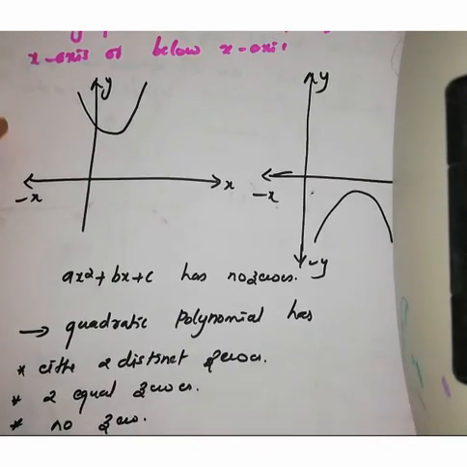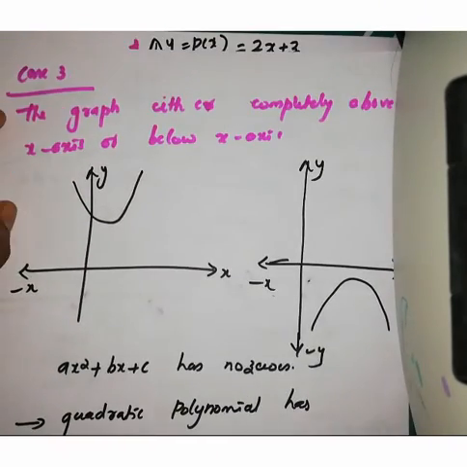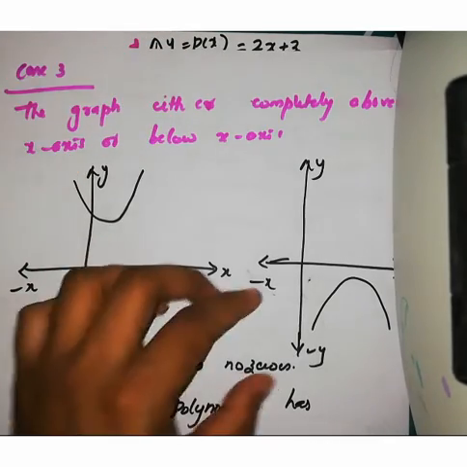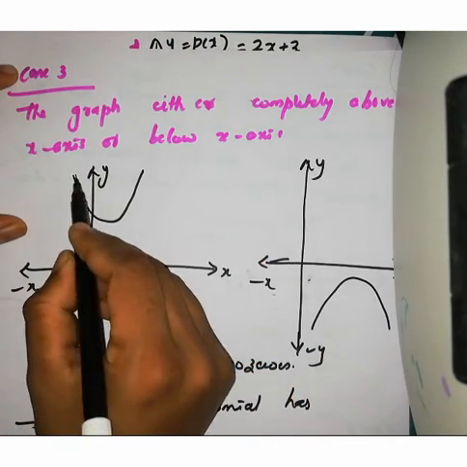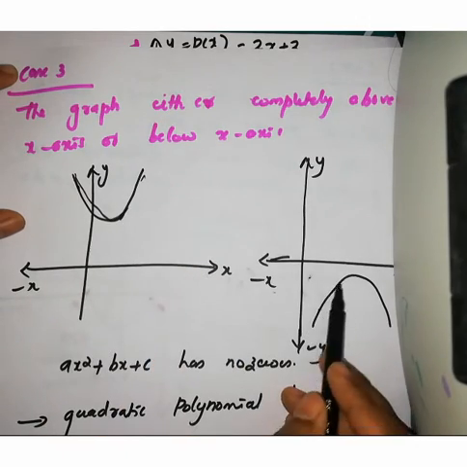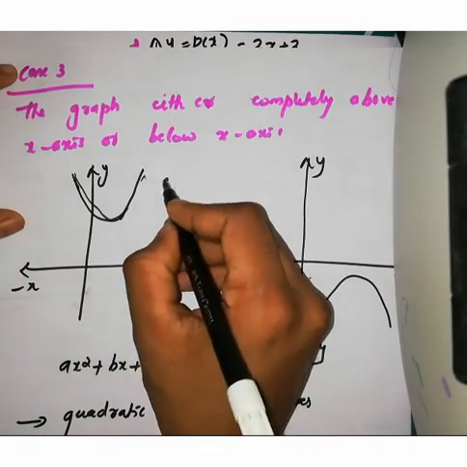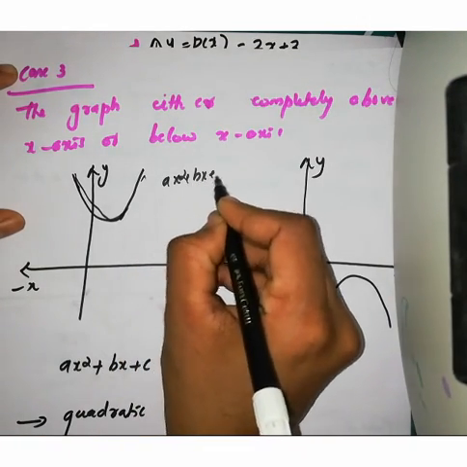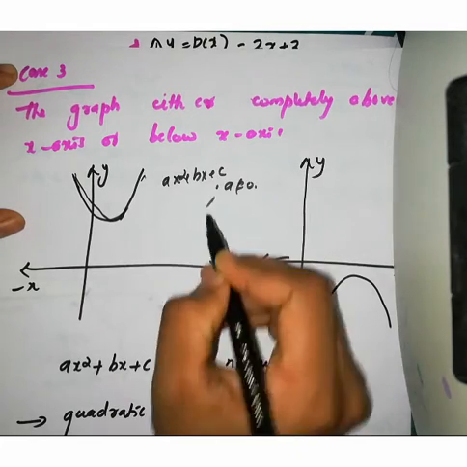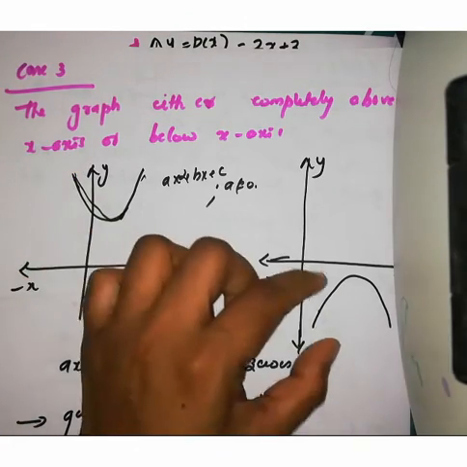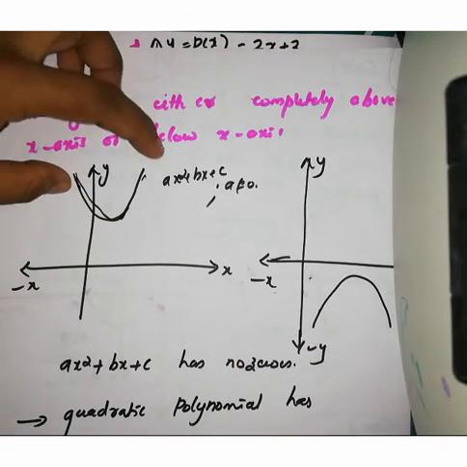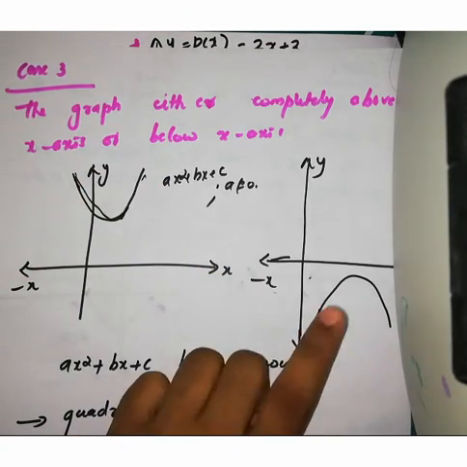And the next case, case 3, the graph is either completely above the axis or below the axis. So suppose we got a graph like this and a graph like this. This is also ax square plus bx plus c where a is not equal to 0. This is also the geometrical representation of a quadratic polynomial. Suppose our graph is like this. It is either above the x-axis or below the x-axis.